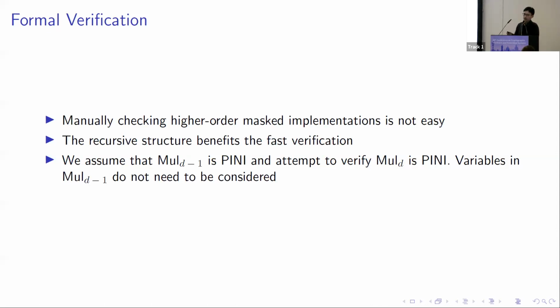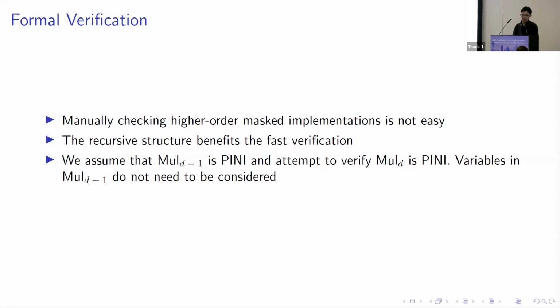Manually checking high-order mask implementations is not easy, and some errors have appeared in previous papers. So in addition to providing a manual proof, we verify the implementation with formal tools, making our proof more concrete. The recursive structure significantly benefits fast verification, which helps verify a larger order of our masking scheme.